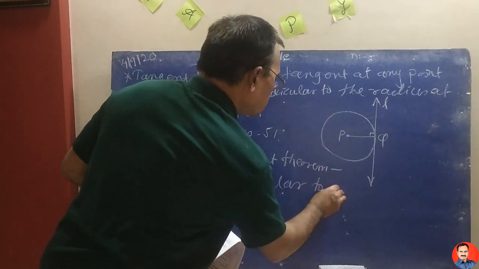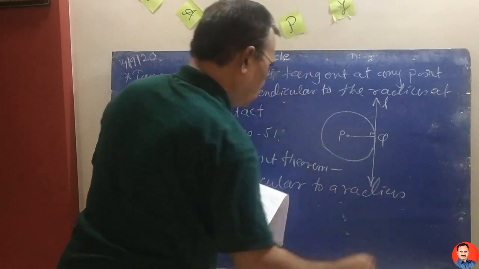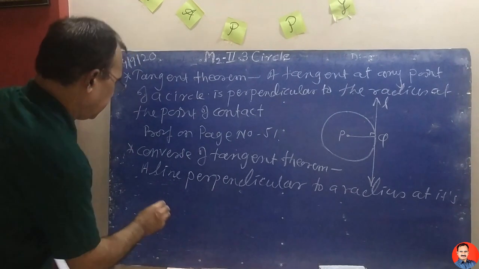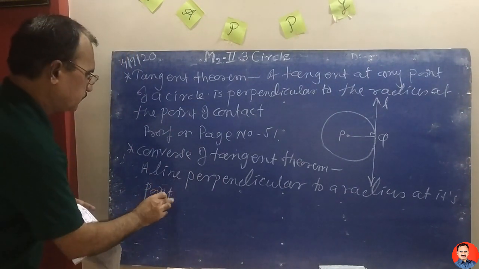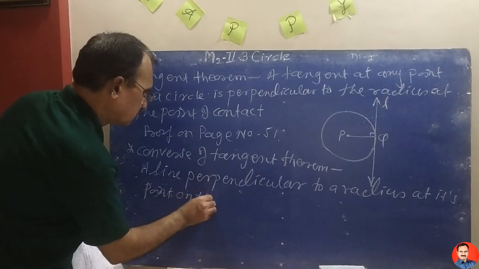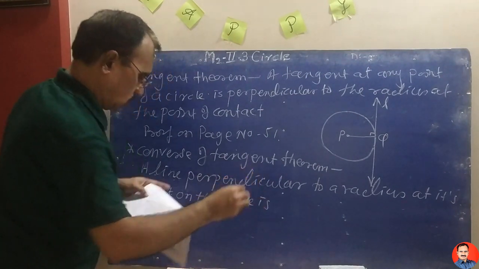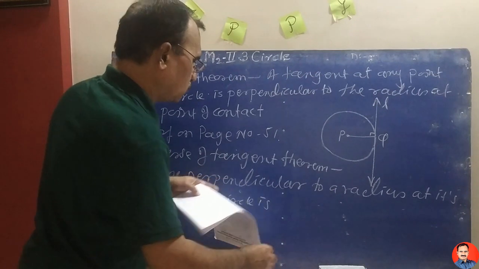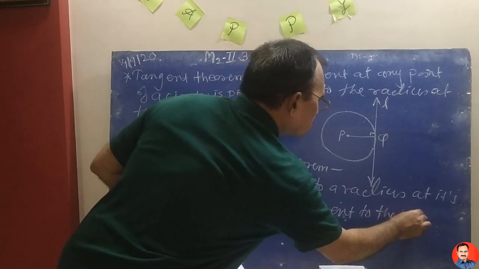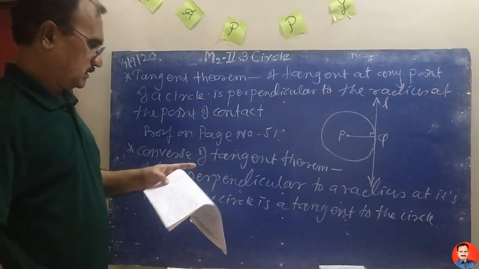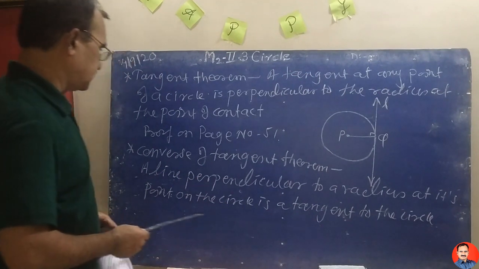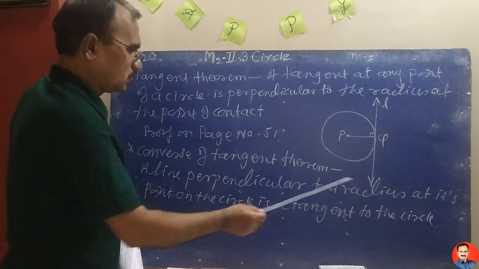A line perpendicular to a radius at its point on the circle is a tangent to the circle.